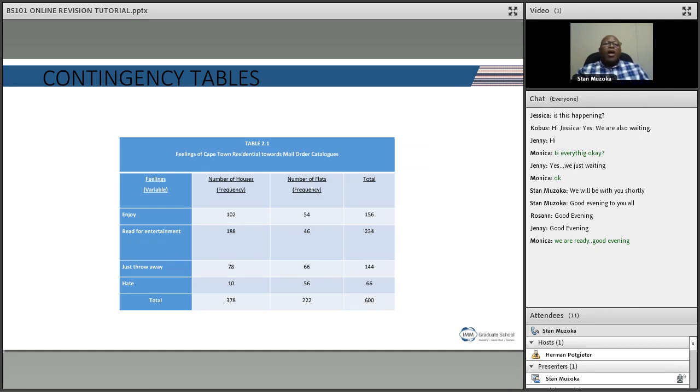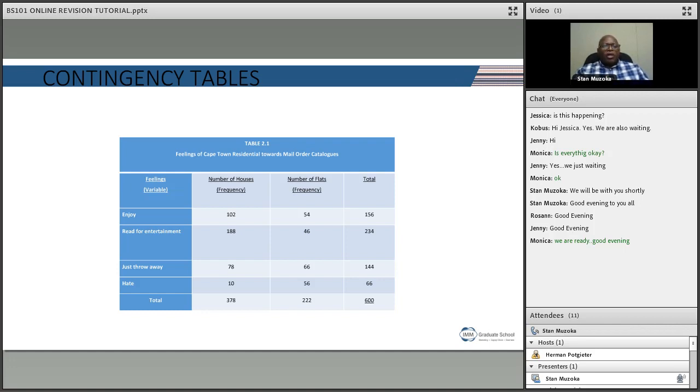Besides the frequency distribution table, you can also present your data in tables called contingency tables, which reflect more than one variable. It is still the same mail order catalog survey, but now we are saying how many people respond to catalogs, or are exposed to catalogs in any way, living in houses or living in flats.